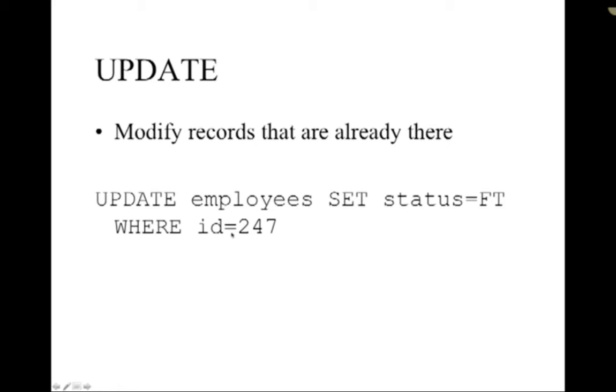So this is going to find the ID for number 247, and it's going to set that employee's status to full-time. Generally a good idea to include a specific criteria for the match so that it doesn't update all the records in your table to have this full-time value. So only the record that matches 247 will be updated to full-time.